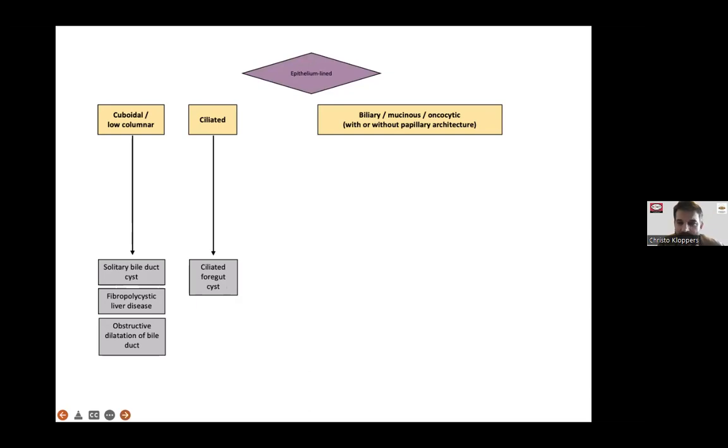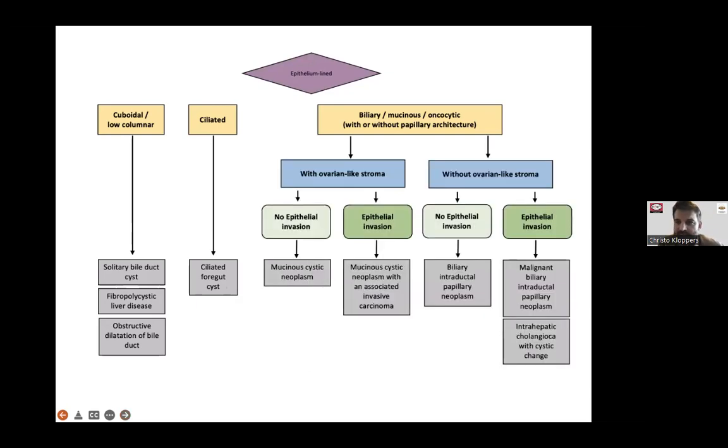And then the lesions we're talking about currently, the mucinous cysts. So you can divide them with ovarian-like stroma. And if there's no invasion, it's a mucinous cystic neoplasm, which you used to know as a biliary cystadenoma. You get the invasive ones next to it.